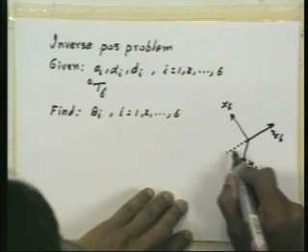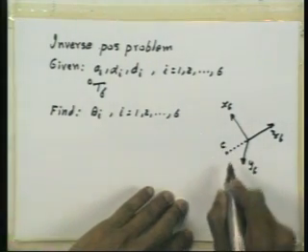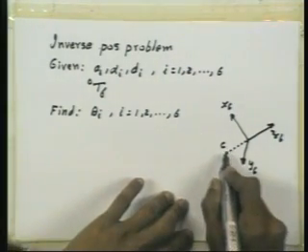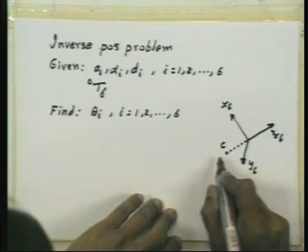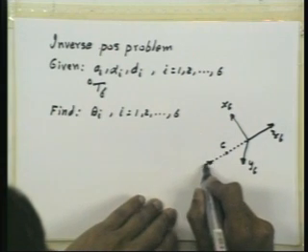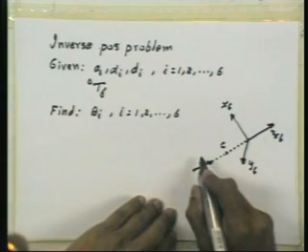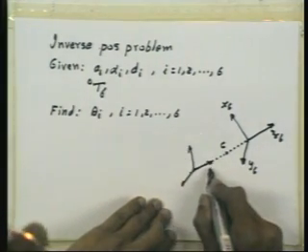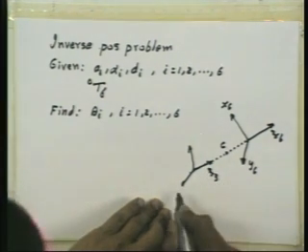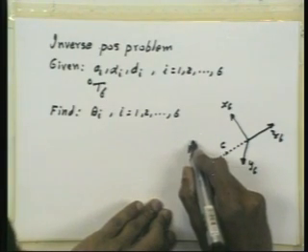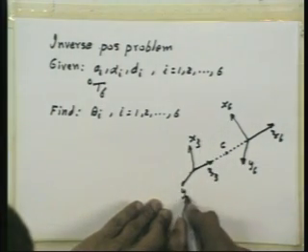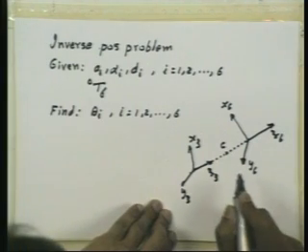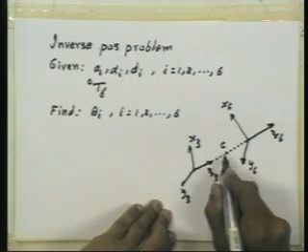The point of concurrency, let us call it point C, is at distance d6 in this direction, and the same point is on the z3 axis, a fixed point on the third reference frame. The distance from here to C is d4.